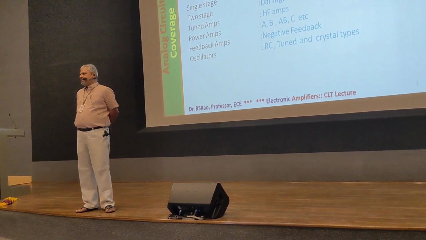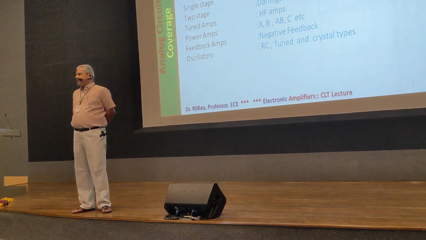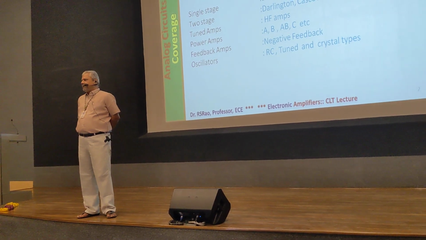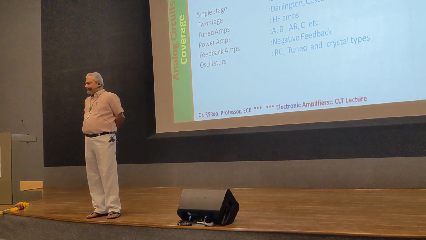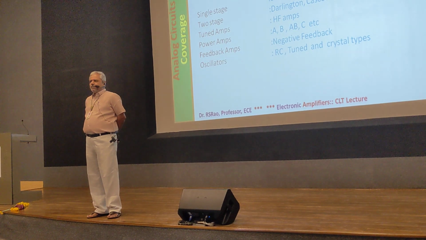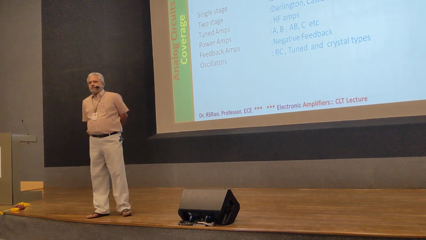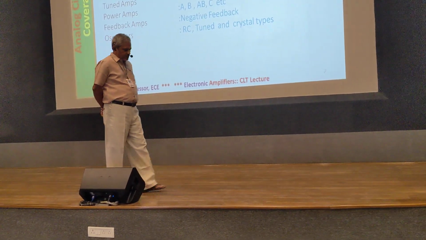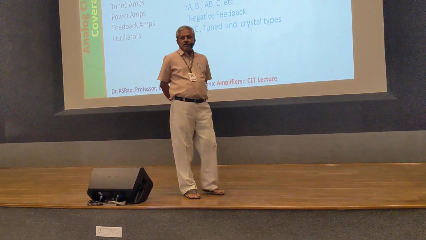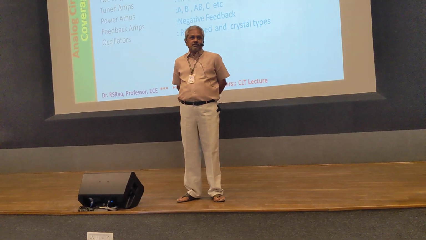CC is considered to be the one which gives the maximum amount of input impedance. Even that input impedance is considered to be low because they found that even CC is loading the sources.